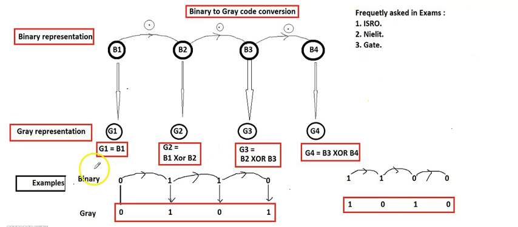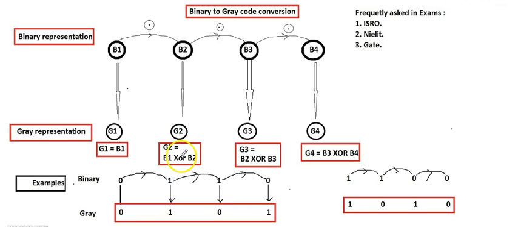Now, this is the gray representation. To convert binary to gray, you can just copy B1 as it is. So as you can see here, I have represented G1 is equal to B1. G2 is equal to B1 XOR B2.